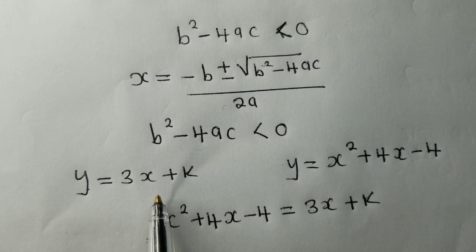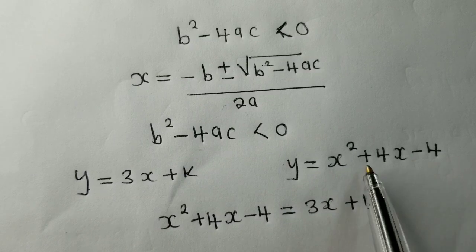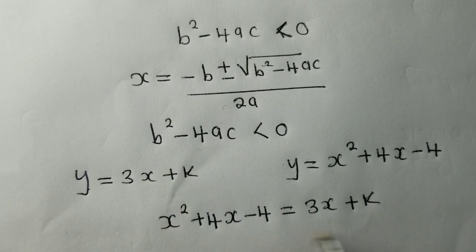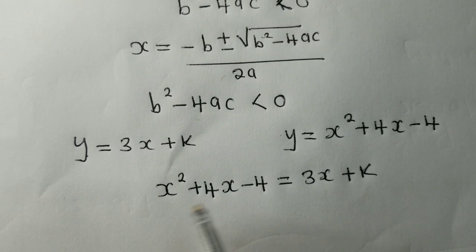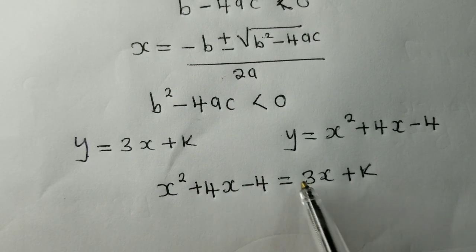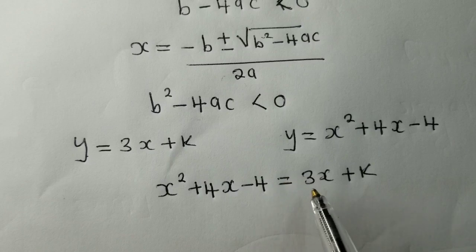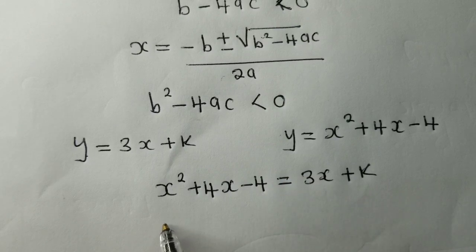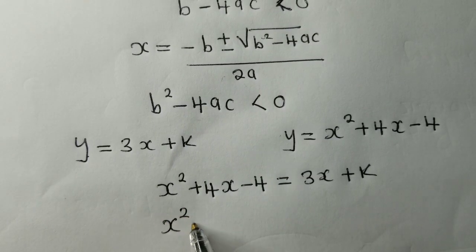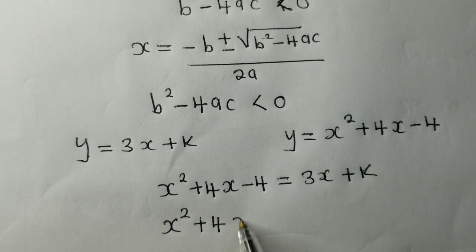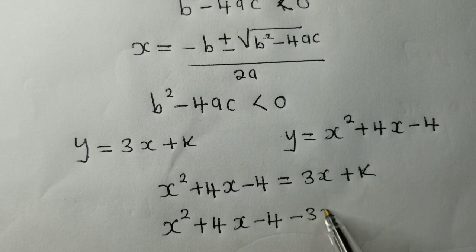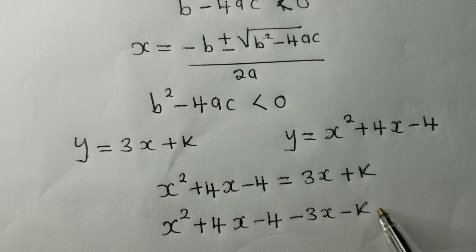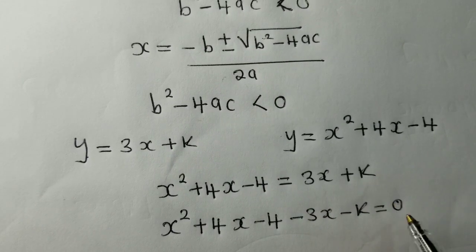If you want, you can start with this is equal to this, or this is equal to this, like I've written here. So now the next thing will just be to try and put it in standard form. So it will be x squared plus 4x minus 4 minus 3x minus k is equal to 0.